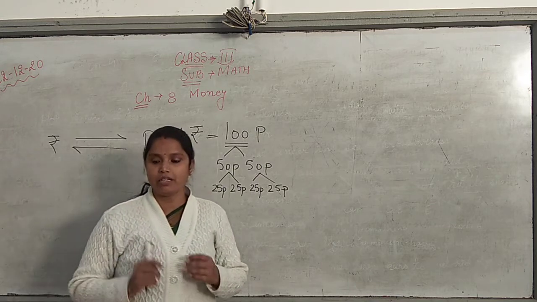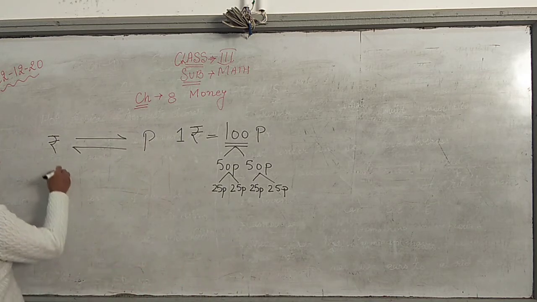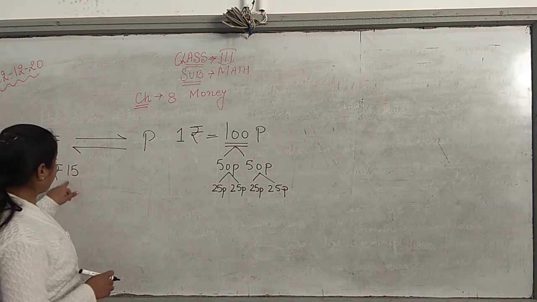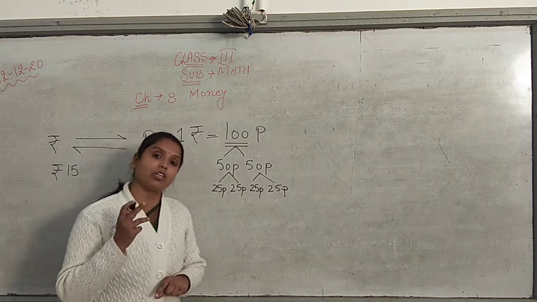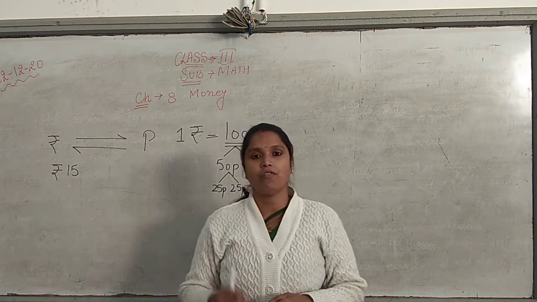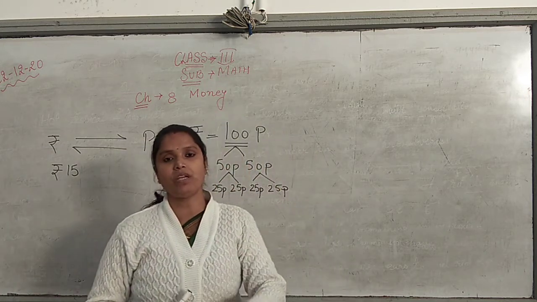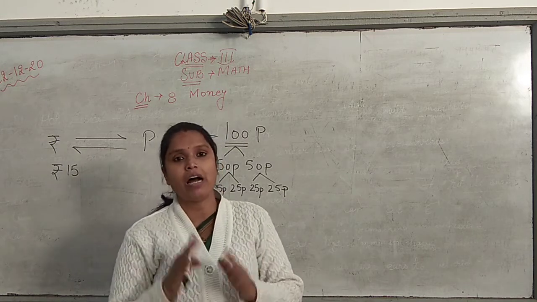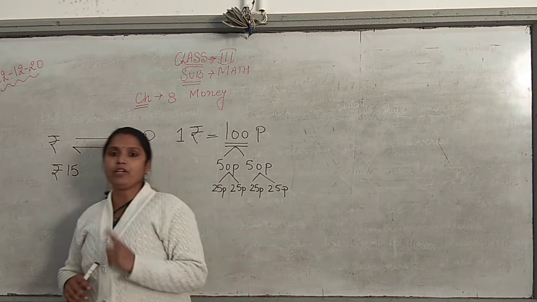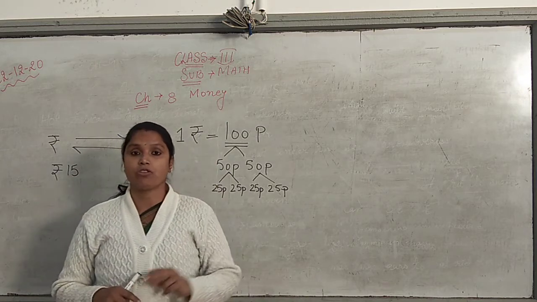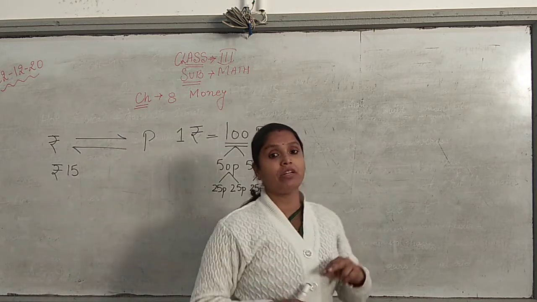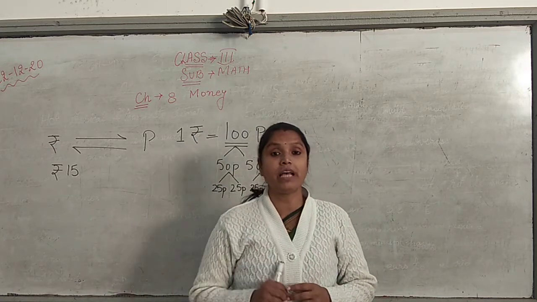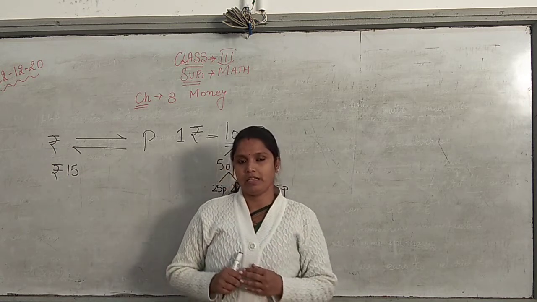So let's begin, children. If I talk about rupees 15, for learning this, first of all give me the answer for 1 rupee. In 1 rupee we have how many paise? Yes, in 1 rupee we have 100 paise. Then 2 rupees have 200 paise, 3 rupees have 300 paise.